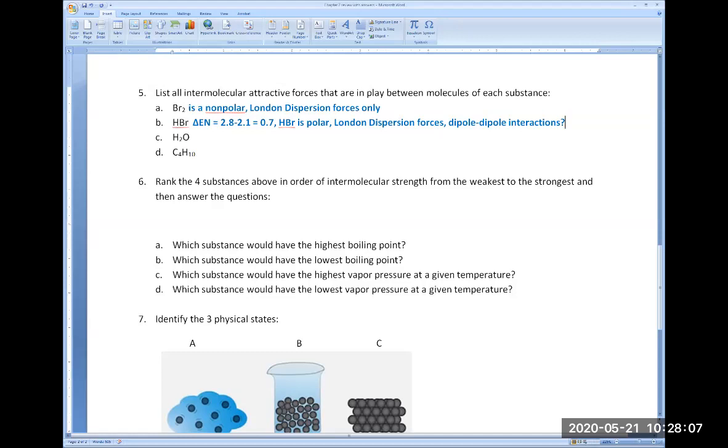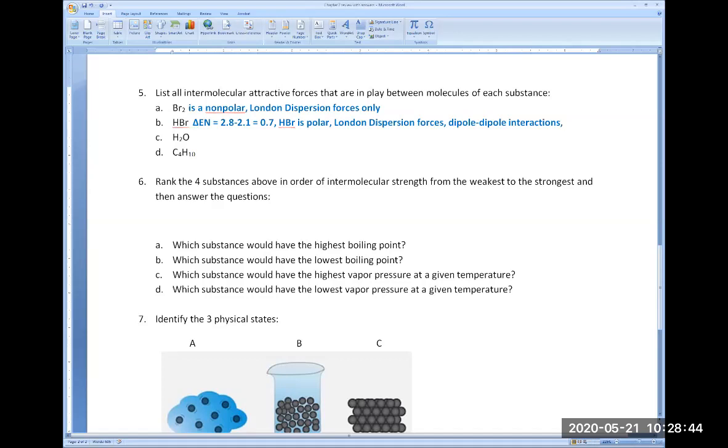Imagine an arrow that would go from H to Br, pointing towards Br. So this is considered a dipole, and one dipole would be attracted to another dipole. The pointed side would be attracted to the plus side of the arrow of another molecule, and the positive side of the arrow would be attracted to the negative side of another molecule. So that's why it's called dipole-dipole interaction. So yes, they do experience that.